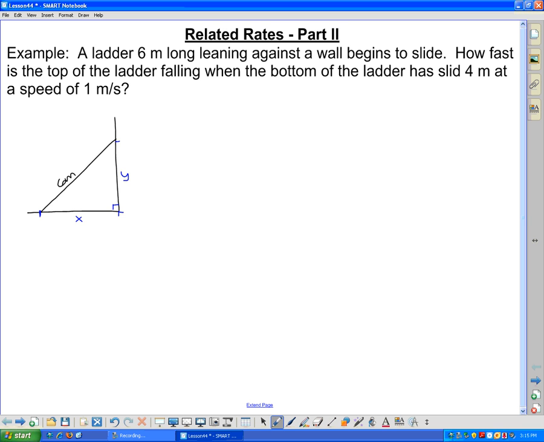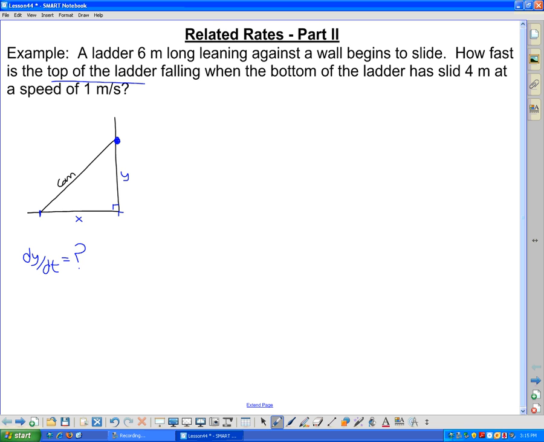How fast is the top of the ladder falling when the bottom of the ladder has slid 4 meters at a speed of 1 meter per second? So there's a whole bunch of information there, so we got to go back and decode a little bit here. How fast is the top of the ladder? The top of the ladder is up here. So we are looking at dy by dt.